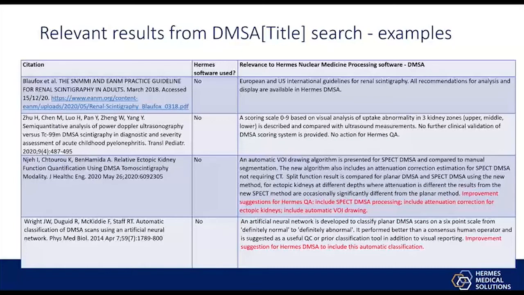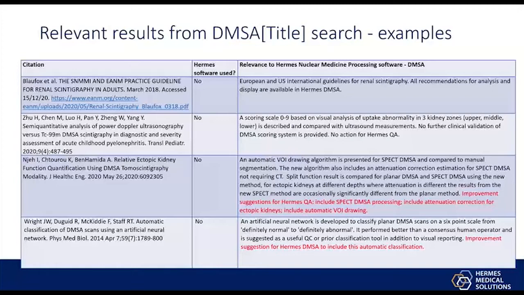A really nice paper now that I found, which uses an automatic void drawing algorithm for SPECT DMSA, and it compares that to a manual segmentation. They have a new way of doing attenuation correction for SPECT DMSA that doesn't require a CT. And they compare this split function that they calculate for planar DMSA and SPECT DMSA with their new method.